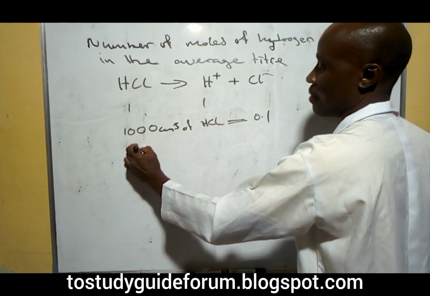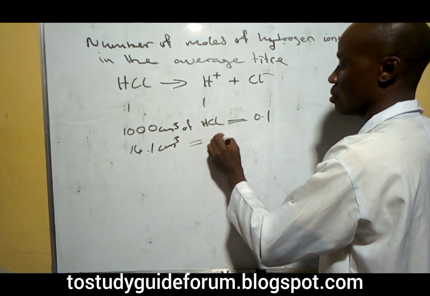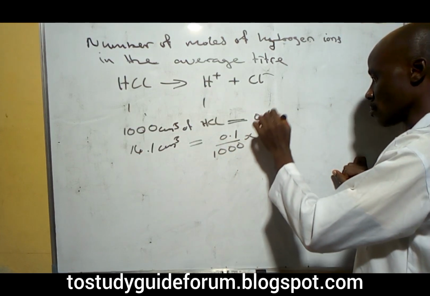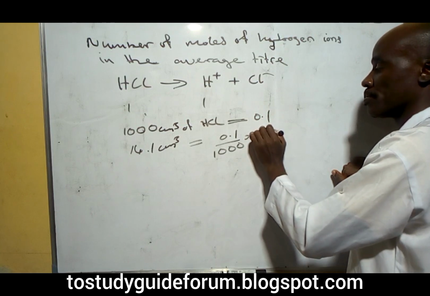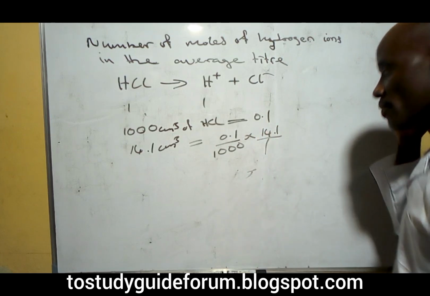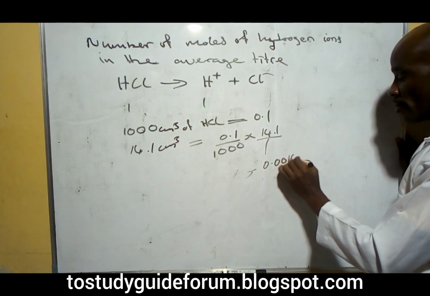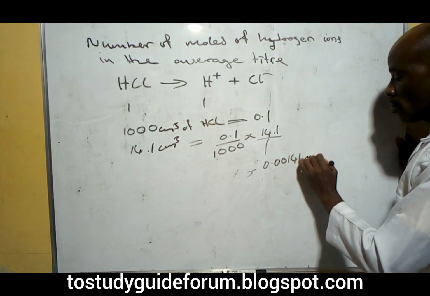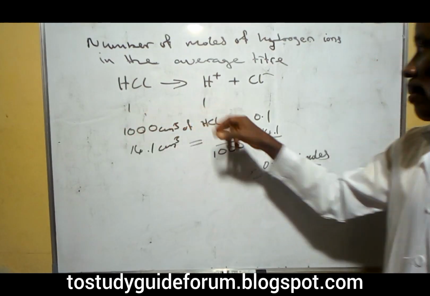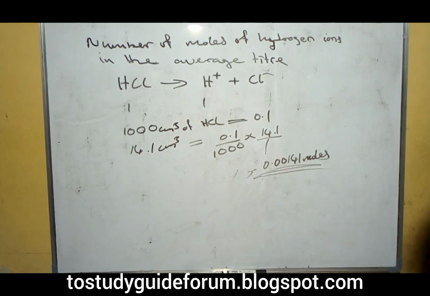Then the average titer is 14.1 cm³. What will be contained there will be equal to 0.1 over 1000 times 14.1 over 1. That will give us 0.00141 moles. Since they are in the same ratio, this is 1:1, that means it is equal to the number of moles that reacted in the reaction.